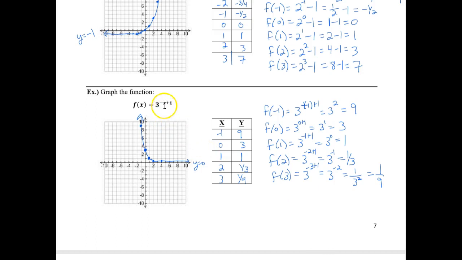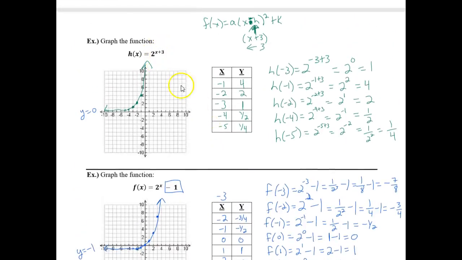So essentially, it's going to shift wherever this value would add up to 0. So what I mean by that is set it equal to 0. So if I subtract 1 from both sides, I get negative x equals -1. But then I have to divide by -1 to get that alone. So x equals 1. So it shifted in the positive 1 direction.